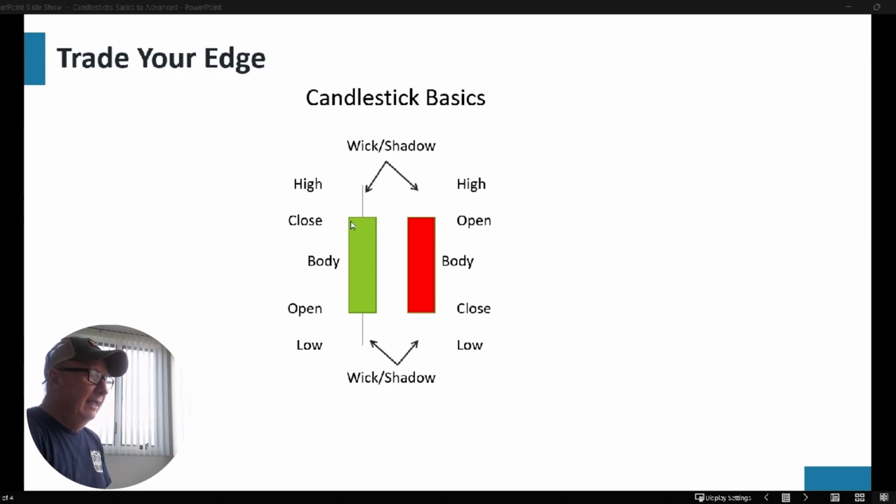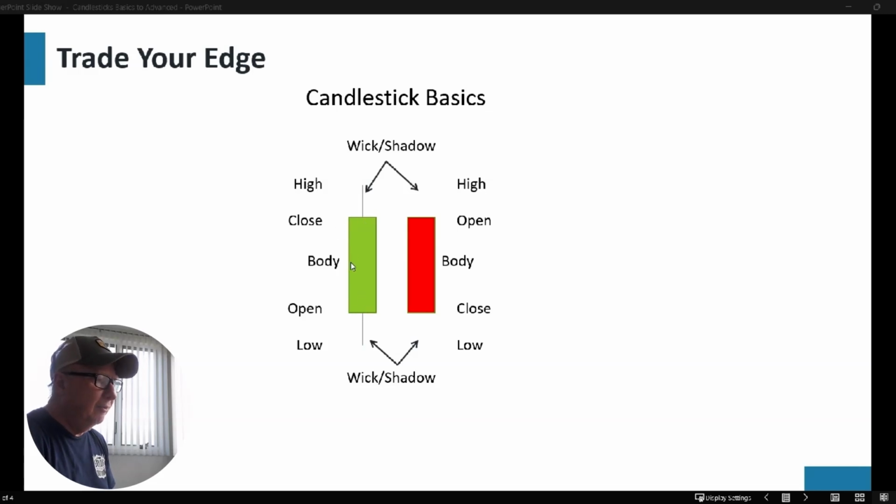With a green candle, this is the open. What is happening in this time frame is the stock is moving from this opening price down to this low, up to this high, and then closing here. So in this time frame, again, whatever time frame it is, the price range has moved from this high to this low, opens here and closed here.